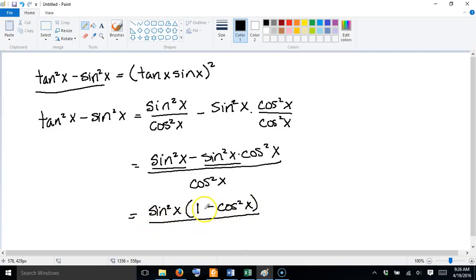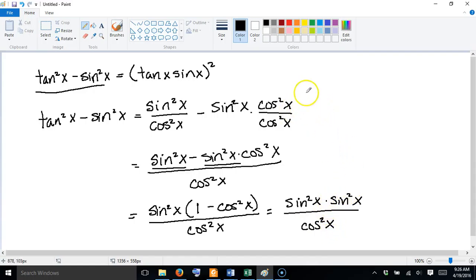Now, this is over cosine squared. Okay, now what I do, 1 minus cosine squared is sine squared. So what I have here is sine squared times sine squared over cosine squared x.